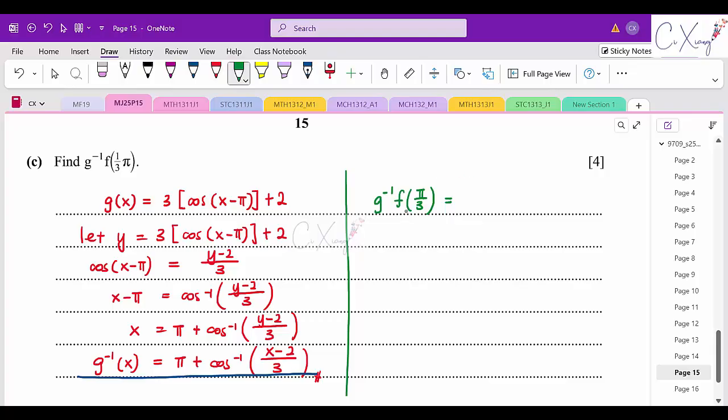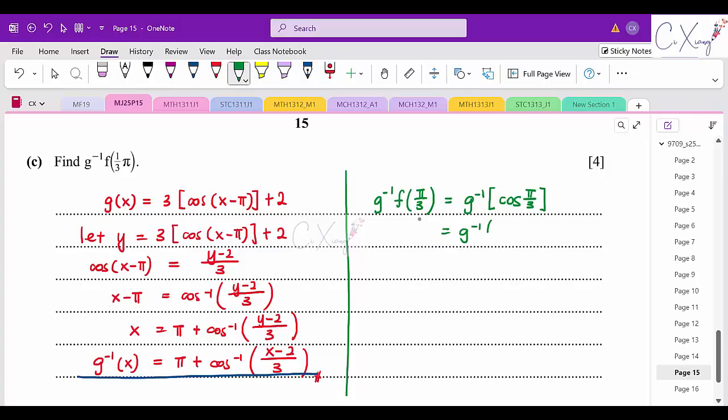To me, finding the composite function will be slightly more complicated. Since they give us the value, the first step is I want to substitute pi over 3 into my function f. So what's my function f? My function f is cos x. So I will replace the x by pi over 3, using cos pi over 3.